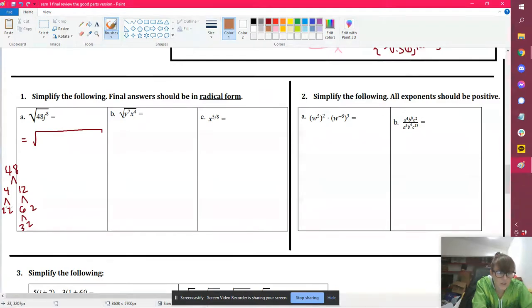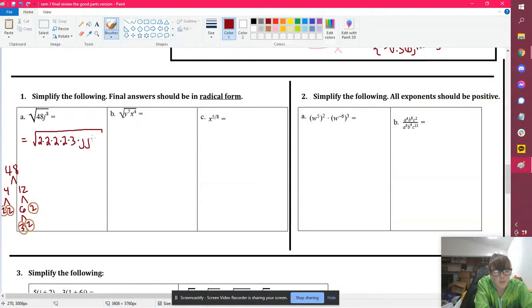And then we get to say all of these are prime numbers. They can't be split up anymore without using ones. So we're just going to write them like this. 48 is then going to be 2 times 2 times 2 times 2 times 3.